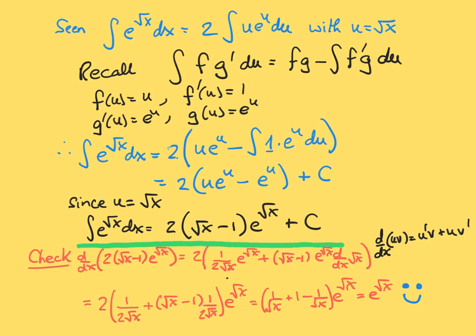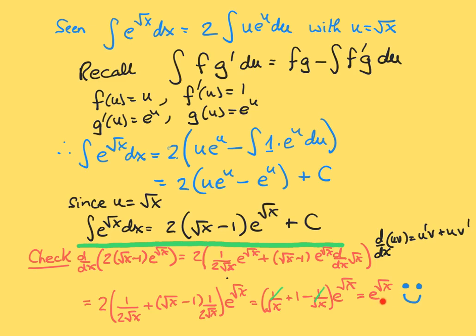There's a 2 in the front, and there's a half multiplying every term. So I'm going to cancel the 2 and the half. Here we're left with a 1 over root x. Then here there's a root x divided by root x, so that's plus 1. And then there's a minus 1 over root x. So this term and this term are going to cancel, and we're left with 1 times e to the root x.